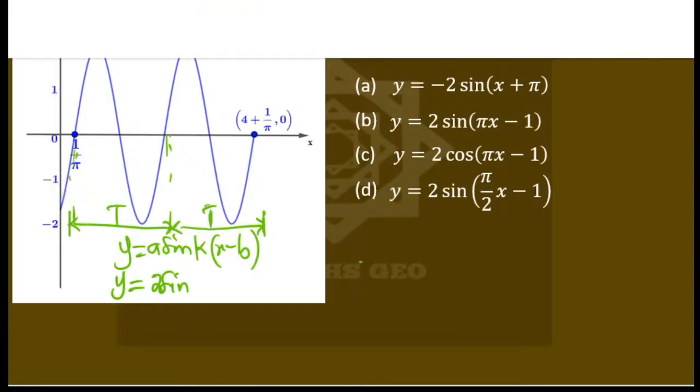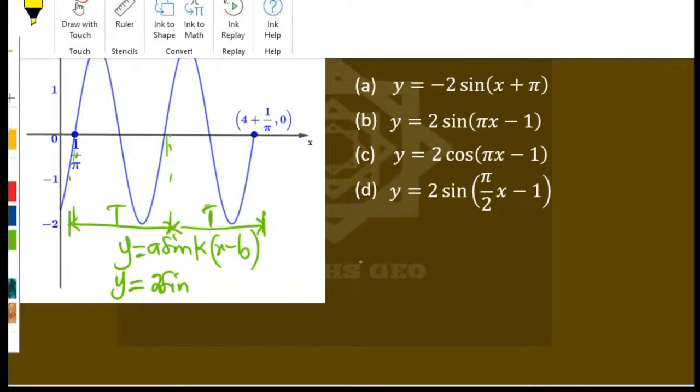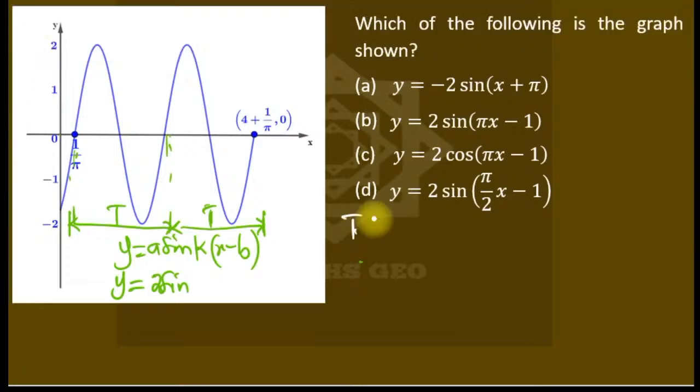We calculate it by using the formula. Remember, we say that T is 2 pi over k, and we have 2T already, so 2T will be times 2, 4 pi over k. Now let's get the value.